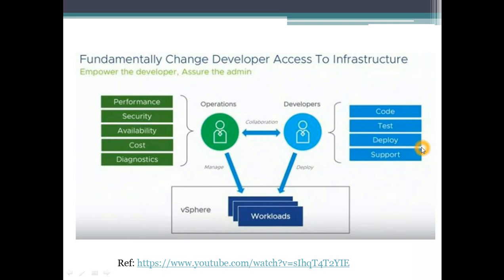The developers can focus on their part, which is coding, testing, deploying, and supporting, but they are both able to collaborate in a manner which is defined by this architecture now. Also, the developers can deploy, and the operations team, like VI admins, can manage the workload.